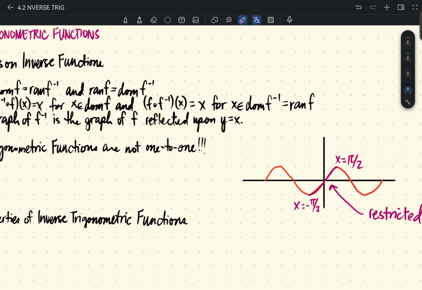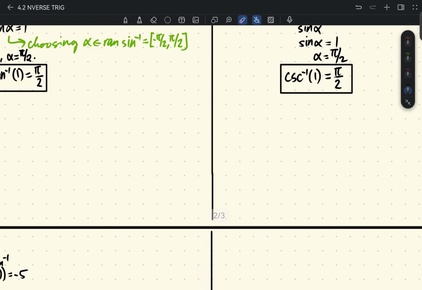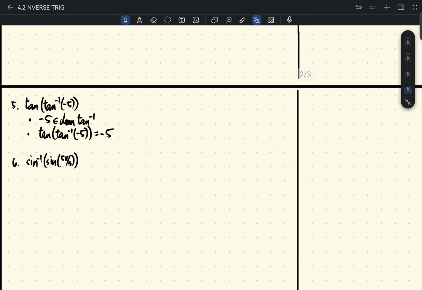And the range of sine inverse is negative pi over 2 to pi over 2. And clearly 5 pi over 3 is not inside this interval. So let's take note of that. 5 pi over 3 is not in the range of sine inverse.